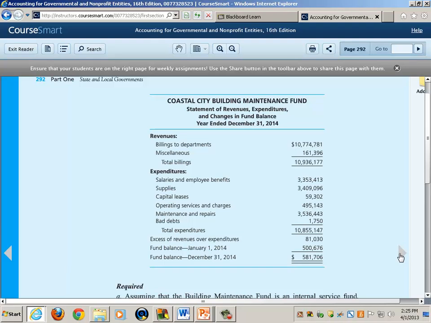Expenditures and fund balance. What should it be? Statement of revenues, expenses, and changes in net position, right? What's something else that's not shown? Remember I said to you proprietary fund statements always have to break things down into two categories, which are what? You don't see that here either, right?